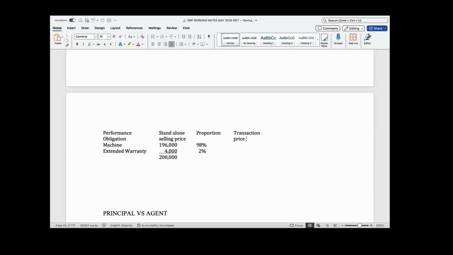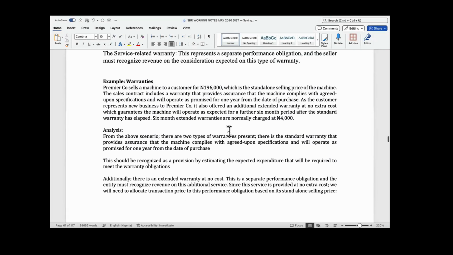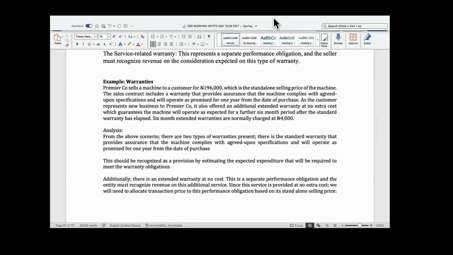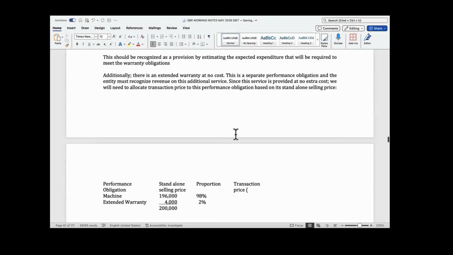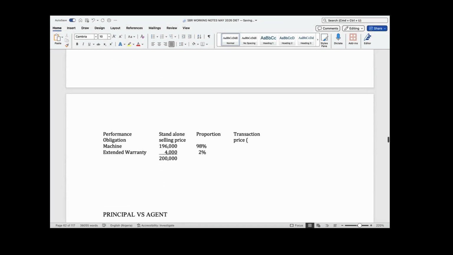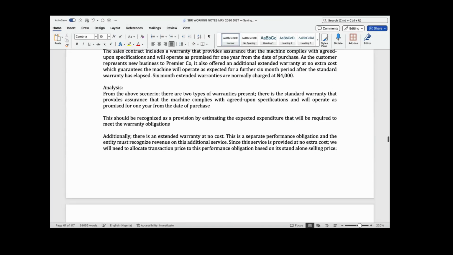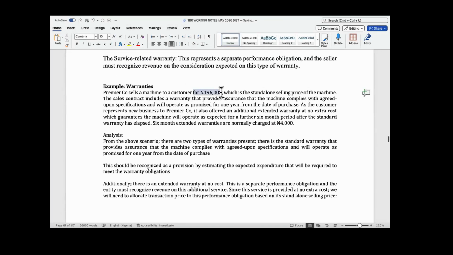What's the transaction price in this transaction? It's 196,000, because that's the price expected from this transaction. That's the consideration expected.